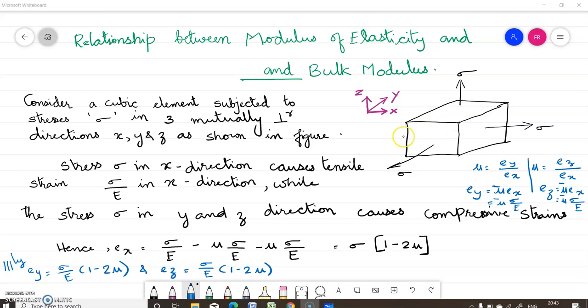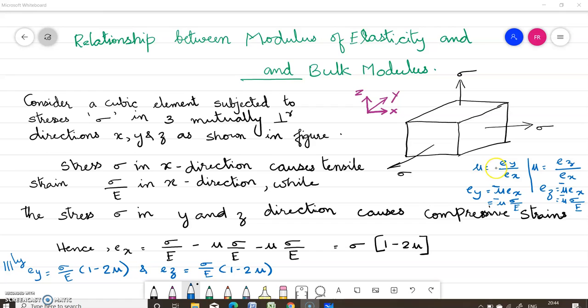Stress sigma in x direction causes tensile strain sigma by E in x direction, while the stress sigma in y and z direction causes compressive strain along the x direction. So how can you write Ex? That is the strain in x direction, sigma by E, which will cause increment in length, that is tensile strain, increase in length.